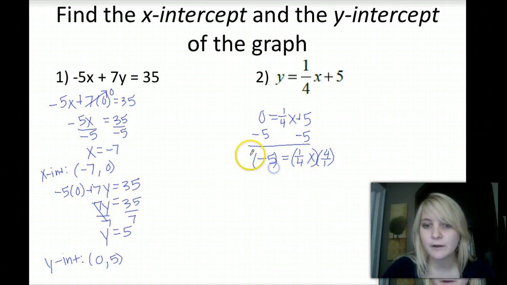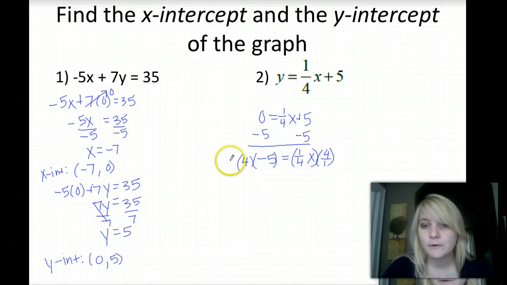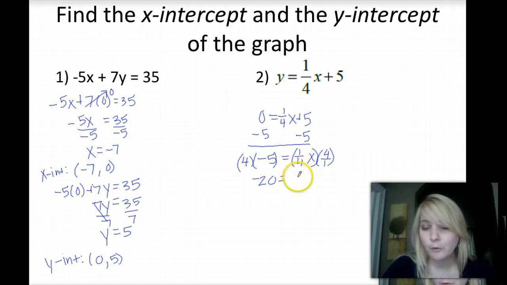And I can use that process on both sides. Now 4 over 1 is 4, so I'm just going to write 4 on the side. So 4 times negative 5 is negative 20 equals, here the 1/4 times 4 over 1 is 4 over 4, which is 1. So negative 20 equals x.